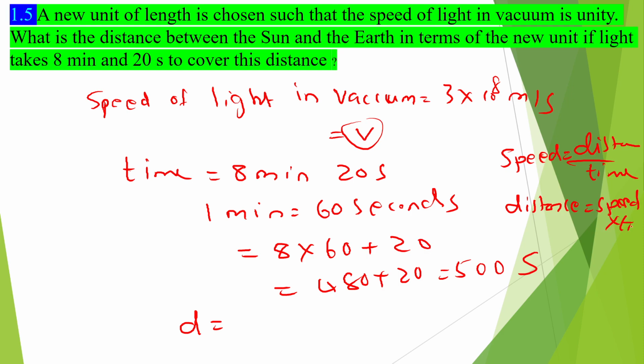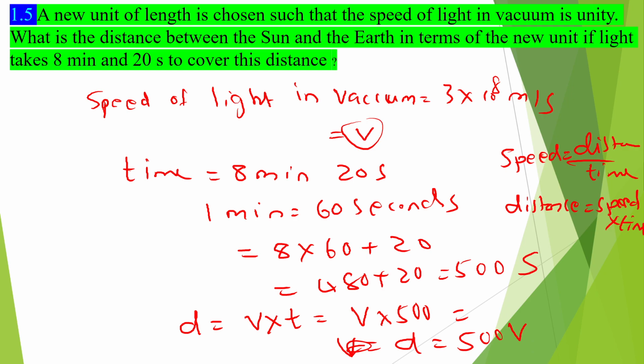Speed is v, so distance equals v into t, v into 500. So the answer is d is equal to 500 v. This is the distance between sun and earth in terms of the new unit of length.